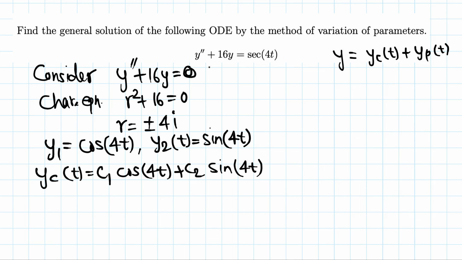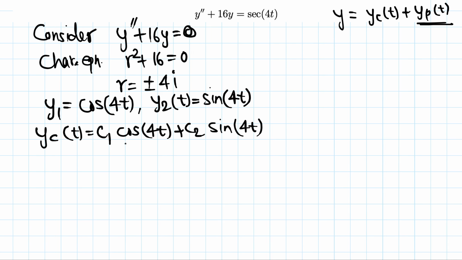So the main issue here is to find a particular solution, and for that we vary the parameters c1 and c2. Based on this complementary solution, we let y, which is yp by the way, vary the parameters or constants c1 and c2.